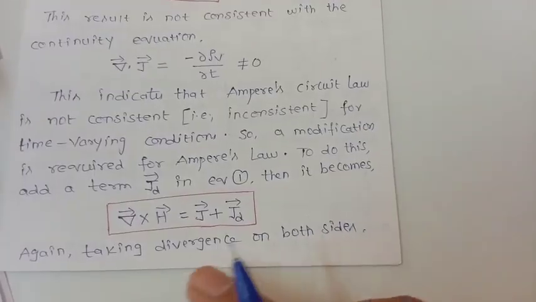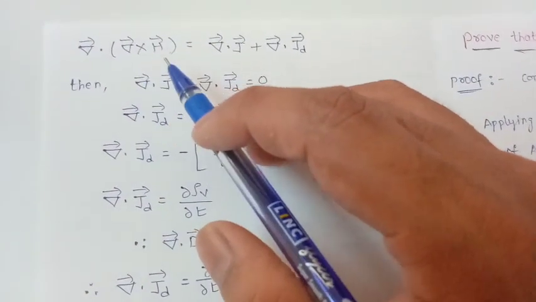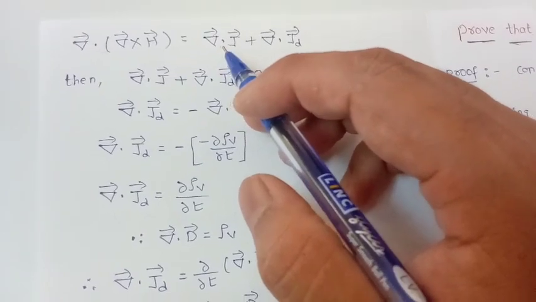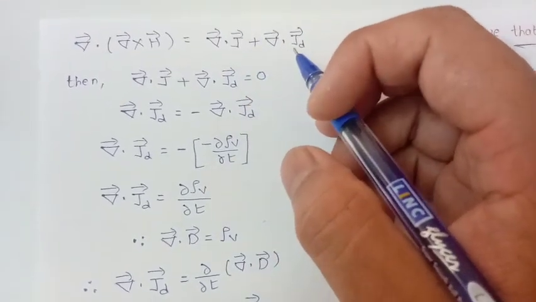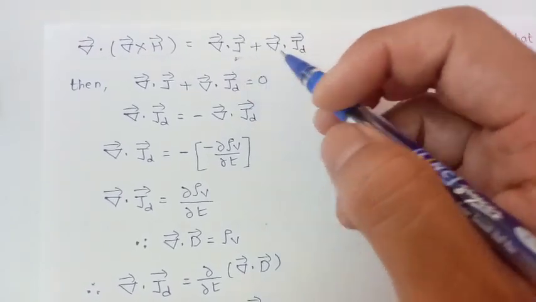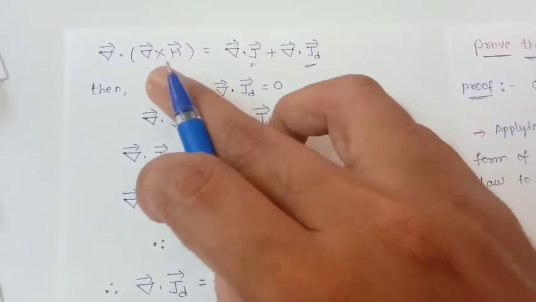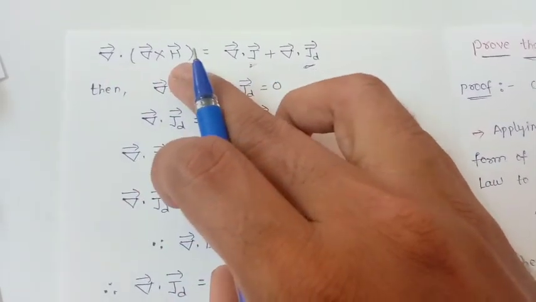Now once again taking divergence on both sides. The divergence of del bar cross H bar becomes divergence of J bar plus divergence of JD bar. Here J is the conduction current density and JD is the displacement current density. According to the vector identity, this becomes 0.